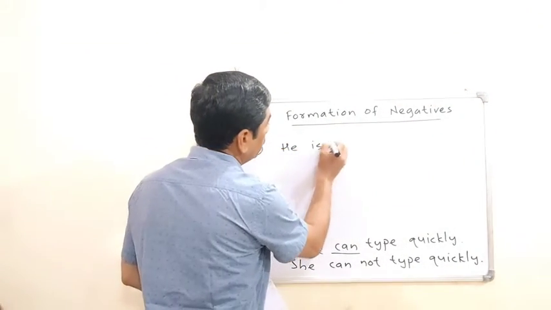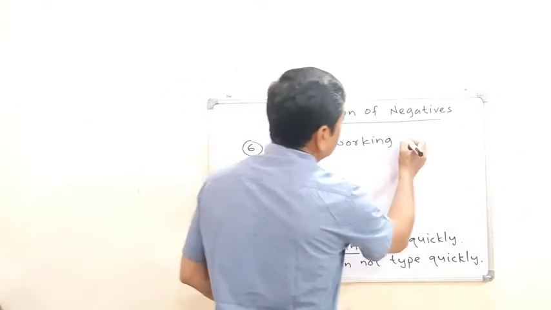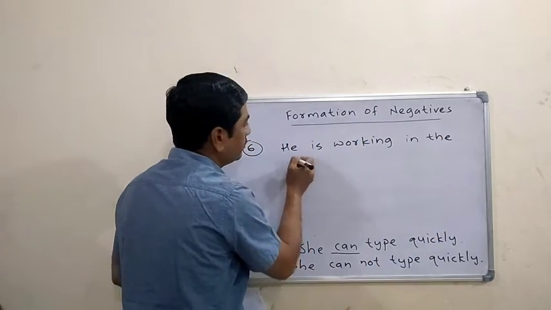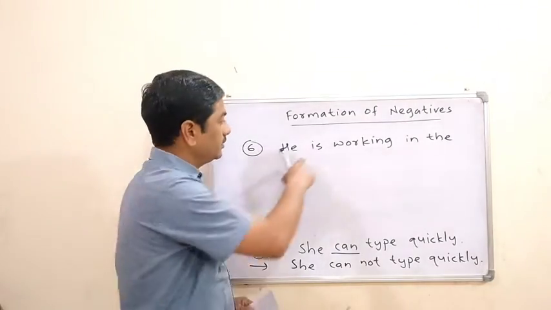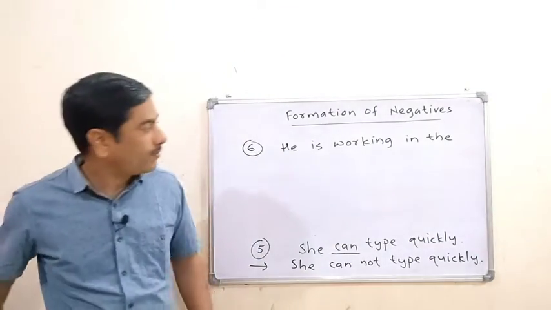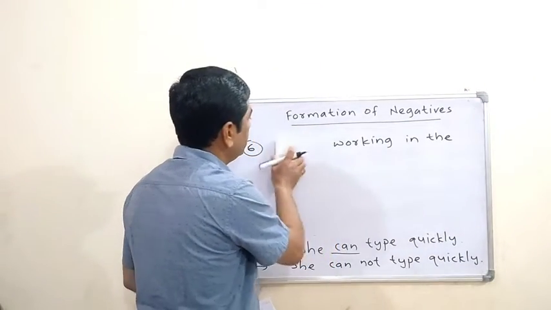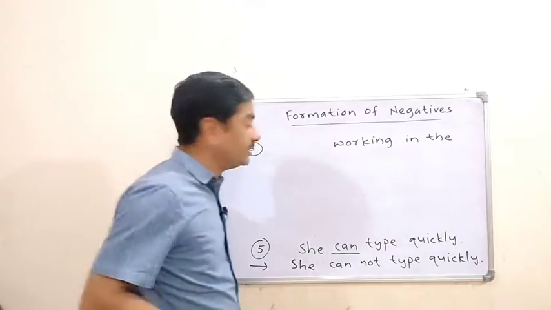He is working in the office. So in place of is we will take another auxiliary, because we have taken one sentence with is. So we will frame another sentence.